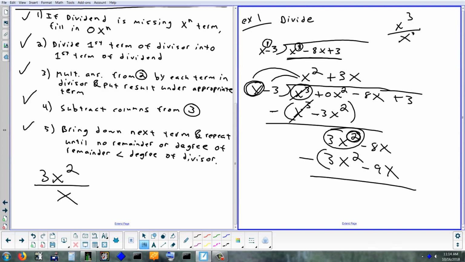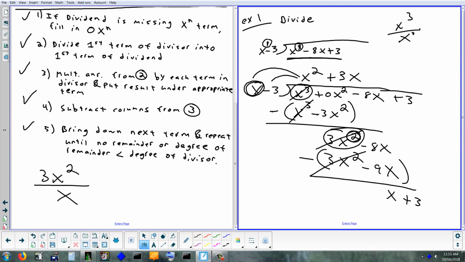Again, I would put parentheses just to remind yourself you're subtracting both of them. 3x squared minus 3x squared. Again, as long as you've done it right, that part should always cancel. How about -8x minus -9x? Just x. It's really -8 plus 9. So you've got an x, bring down your next term.